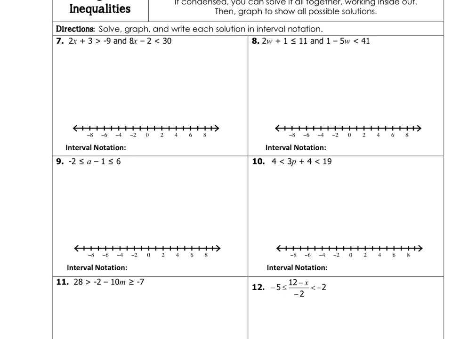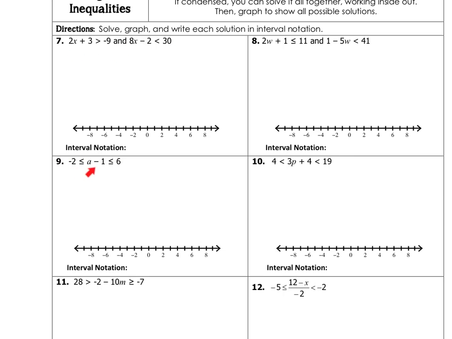So now to solve these equations, we simply solve the different inequalities when we have the "and." So when the word "and" is actually specified, we'll solve it just like we had before. We'll solve this side and then that side. We'll figure out what the two endpoints are, and we'll graph it on the line, and then of course finish with the interval notation. Then down here in number 9, you'll notice that we have the situation where the variable is in the center. So it's combined those two inequalities.